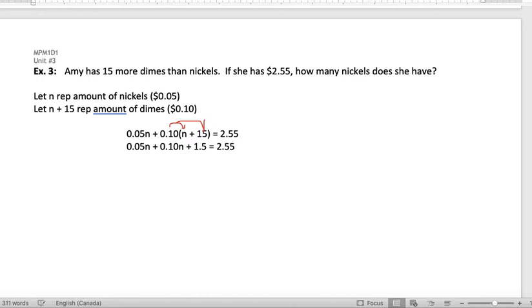So here, collecting like terms, we're going to add these two together. So we're going to get 0.15n. And then in the same step, I'm going to send this to the other side of the equation.